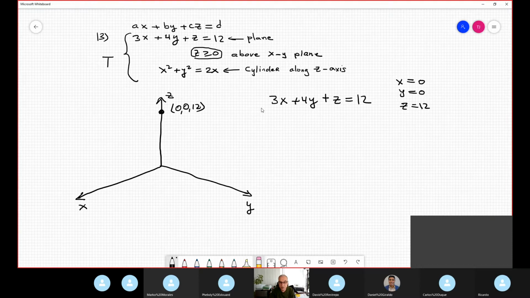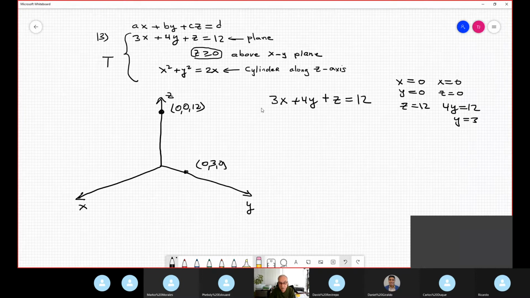Likewise, if you suppose x is 0 and z is 0, basically I find the y-axis intercept. Then 4y equal 12, it is obvious that y is 3. The point is 0, 3, 0.